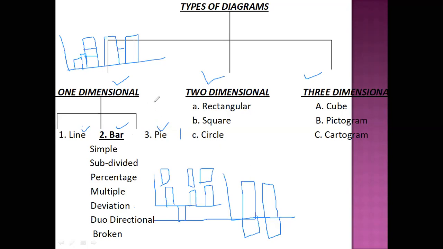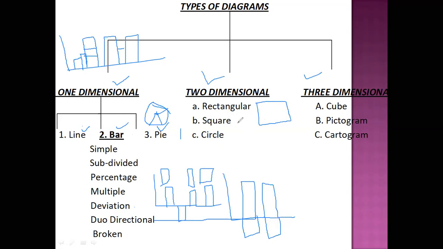Pie diagram will be in a circular form and the entire data will be made to be equal to 360 degrees and accordingly it will be divided into proportions. Now two-dimensional data will be presented in a rectangular form.